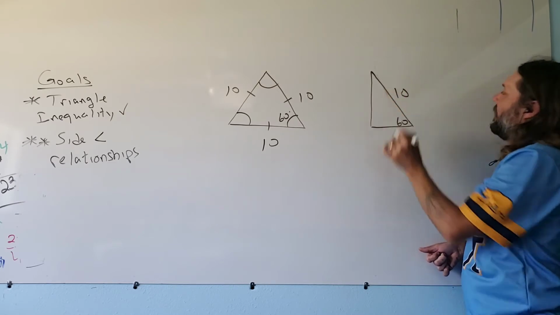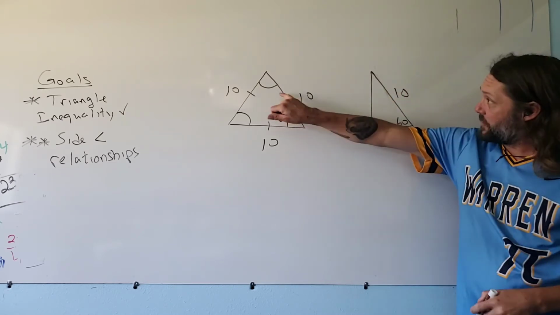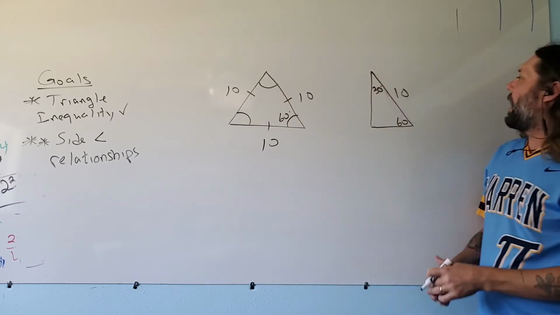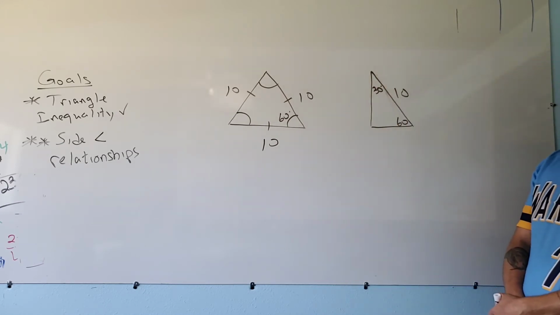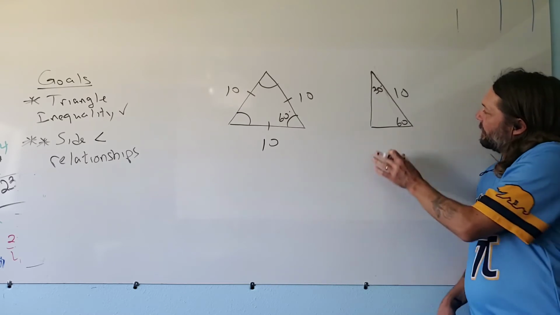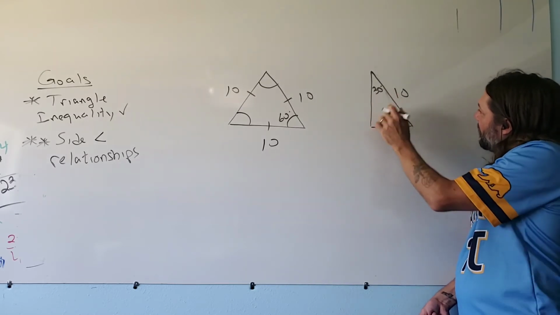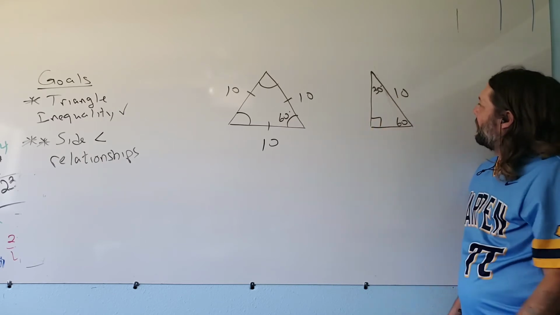This is 10. Now, I cut 60 in half, so this is 30. And this angle, they all three add up to 180 degrees, and if I have 90 of it here, that forces this to be 90 degrees.